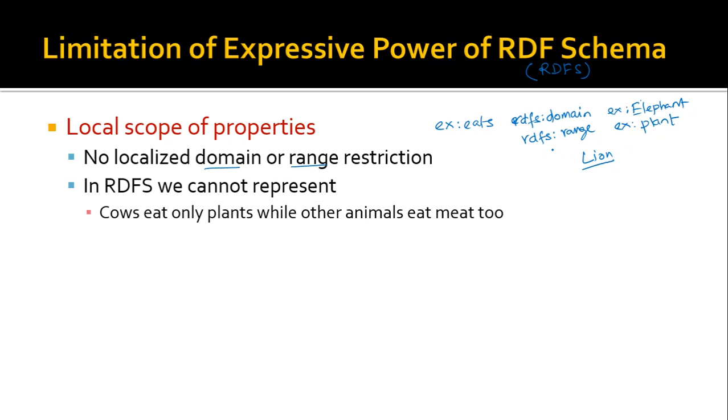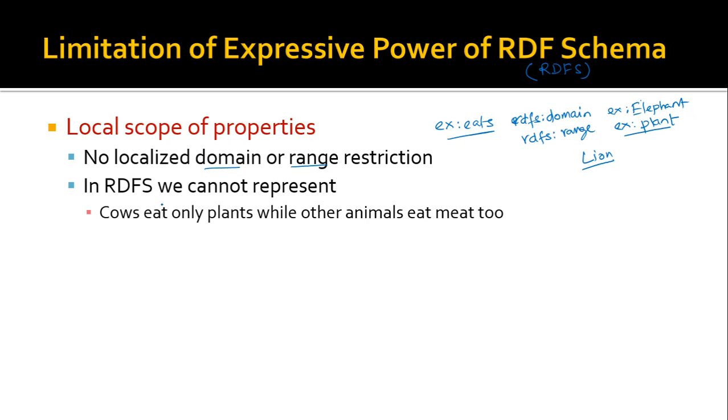So in that case, after you have defined the range of eats to be plant, it has a global effect. Whenever you have the mention of the eats property, the range will always be taken to be the class plant, right? That's why we say that in RDFS, the domain and range restrictions are not localized.